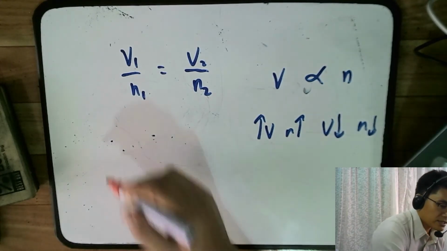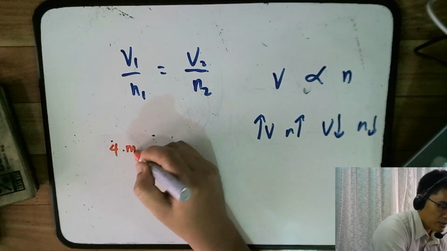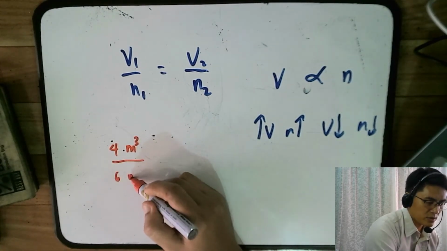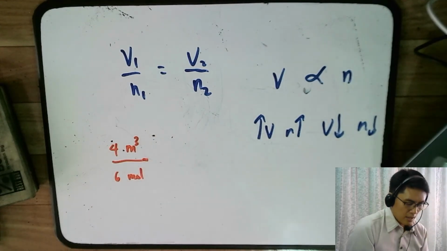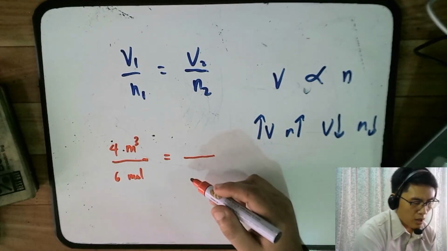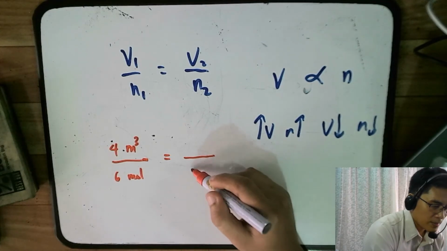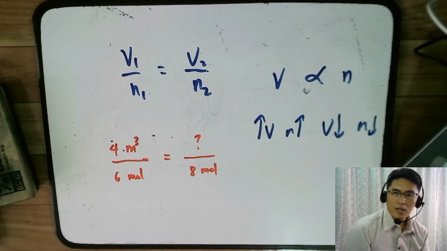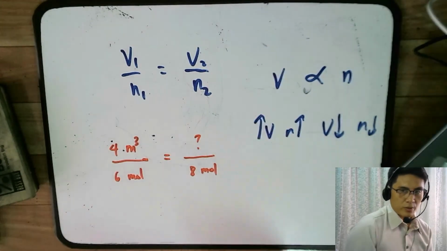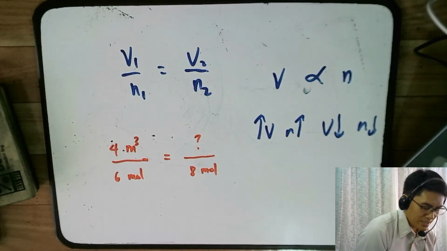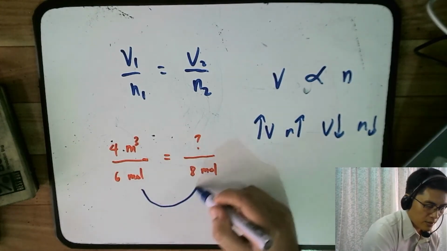So if you have, let's say, 4 meter cube, and you have here, let's say, 6 moles, and then your moles change to, let's say, 8 moles. And then you are going to solve for how much volume 2 will be. And again, all you need to do is think about, okay, how did I get from here to here?